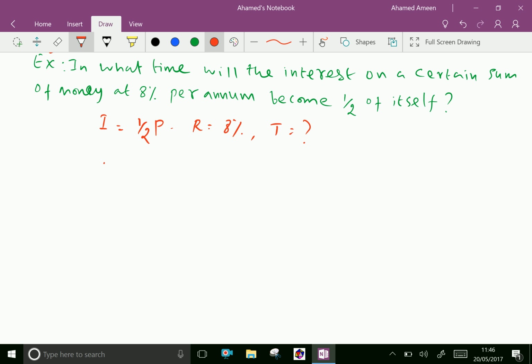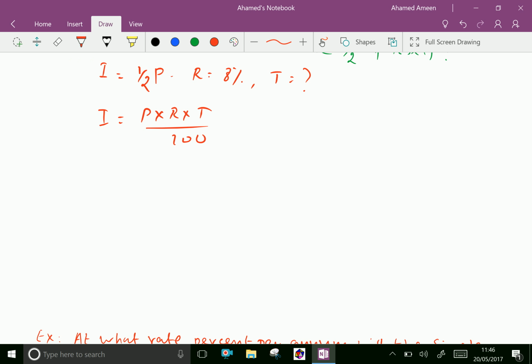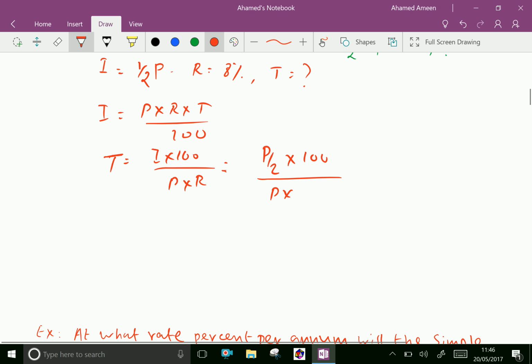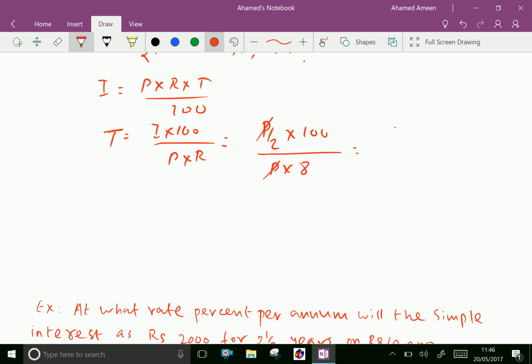Now here I equals P into R into T upon 100. Then we can write T equals I into 100 over P into R. Now I is half of P, so P by 2 into 100 over P into rate of interest, 8%. Then P and P cut, which equals 100 over 16.